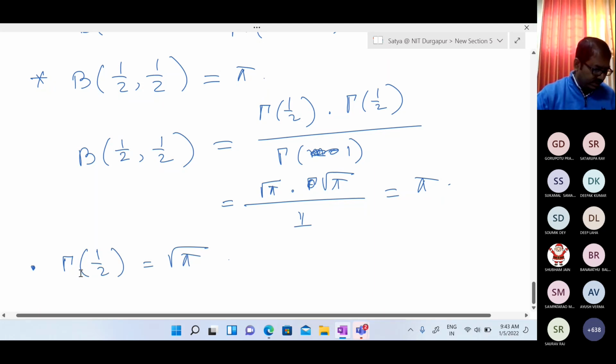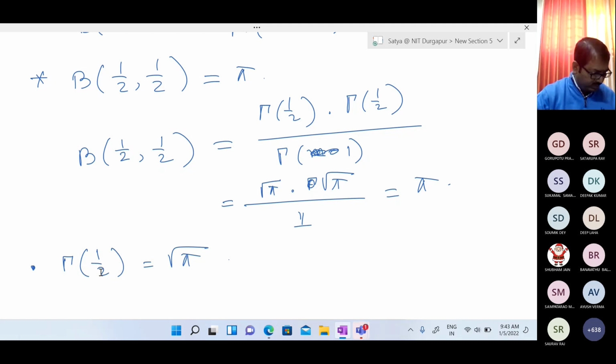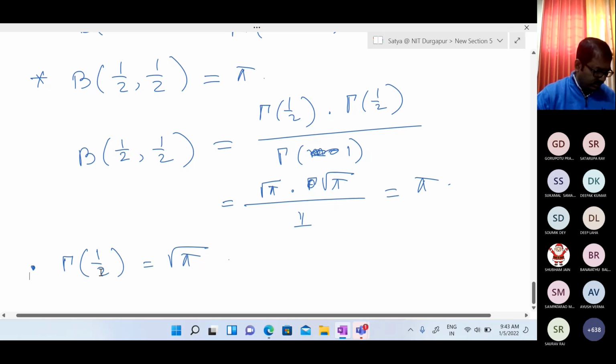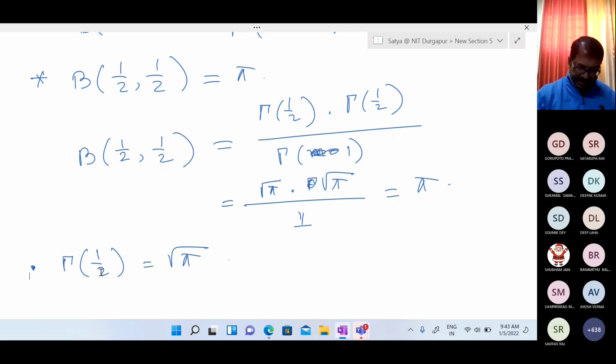How can I prove this one? Anyway, gamma half we can take from the definition.